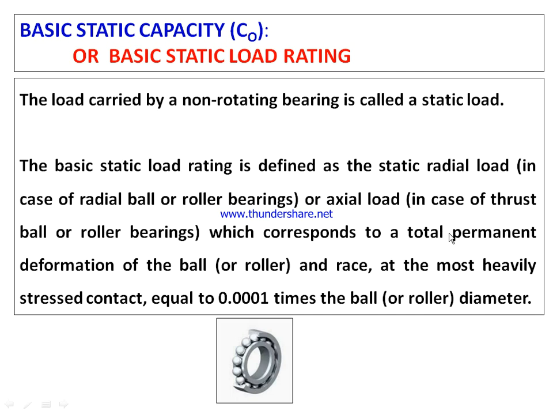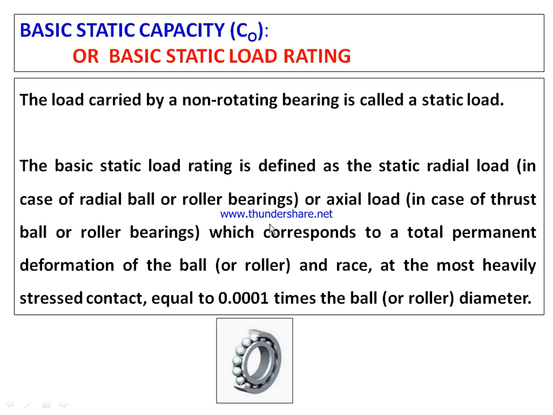Means if the total permanent deformation of either ball or roller and race, either outer race or inner race, is equal to 0.0001 times the diameter of the ball or the roller, that is called the basic static load rating of a bearing, whether it is a radial ball bearing, radial roller bearing, ball thrust bearing or roller thrust bearing.